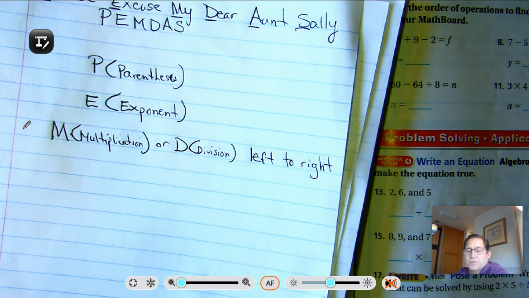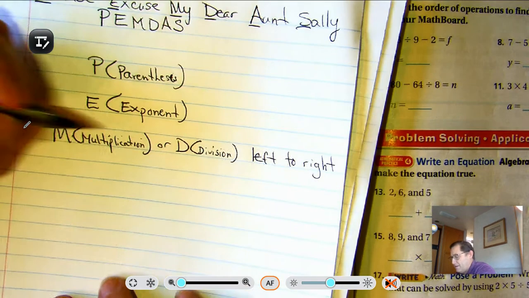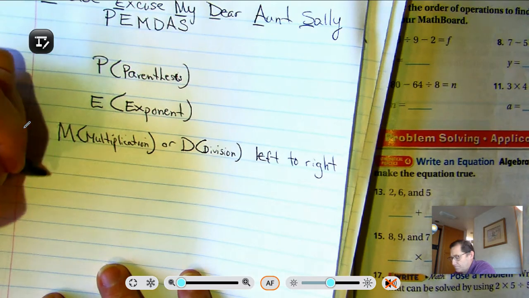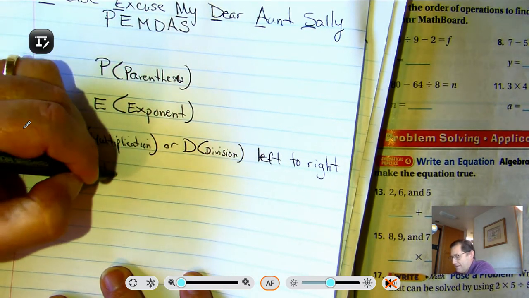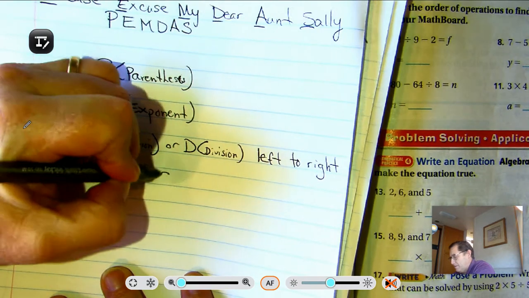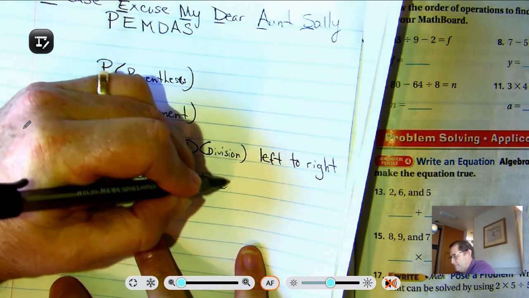Okay, so if we get down to a problem and we only have multiplication and division, we're going to do left to right. All right, and then our last level, we would add or subtract, left to right.